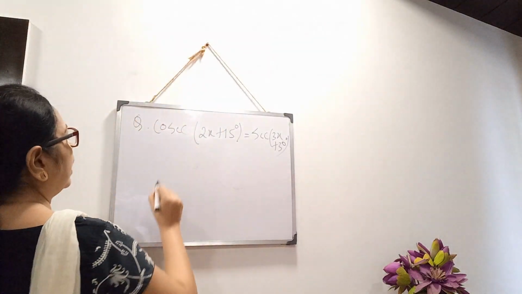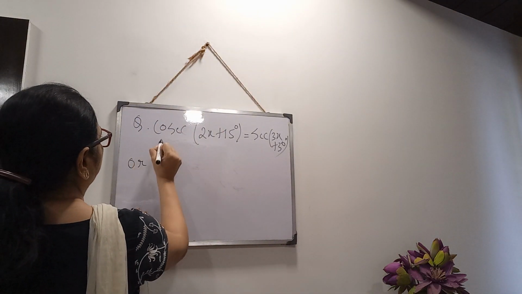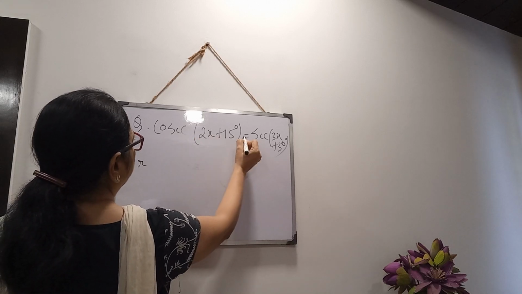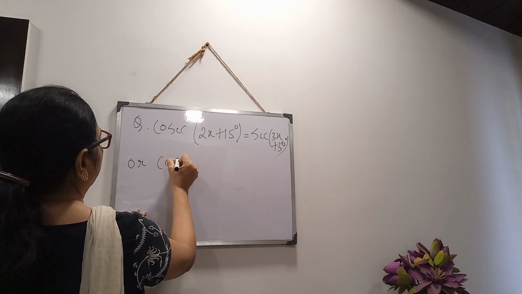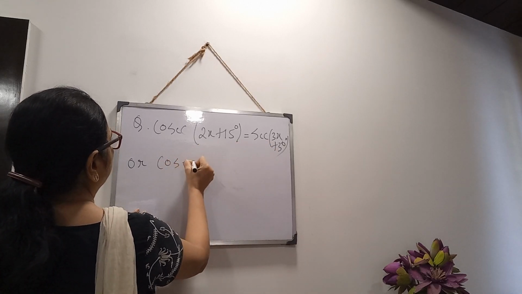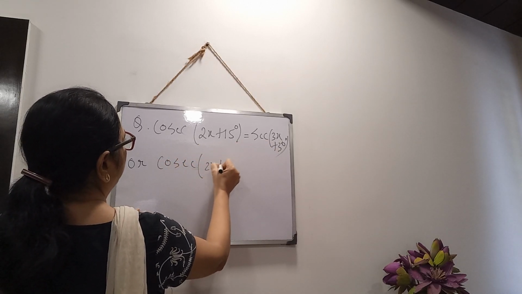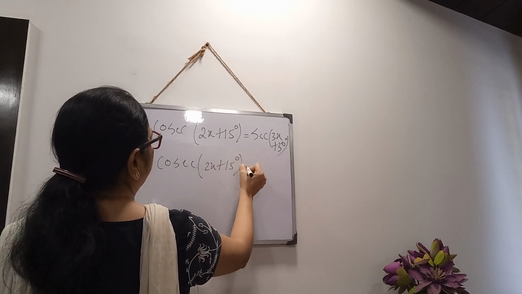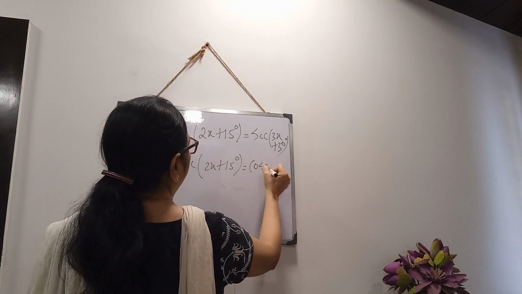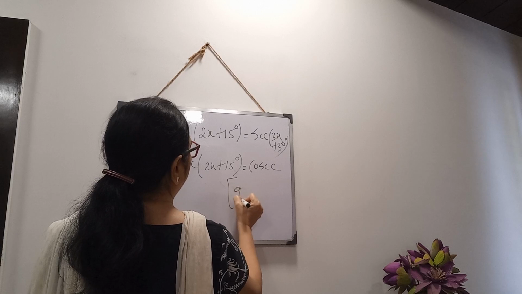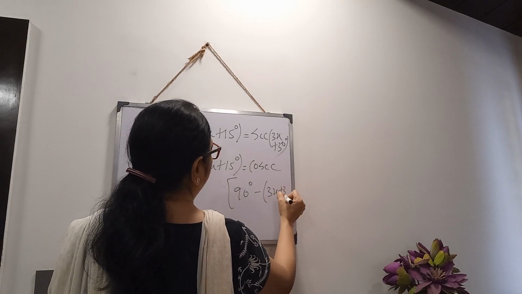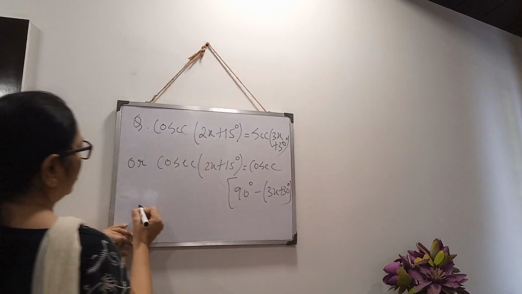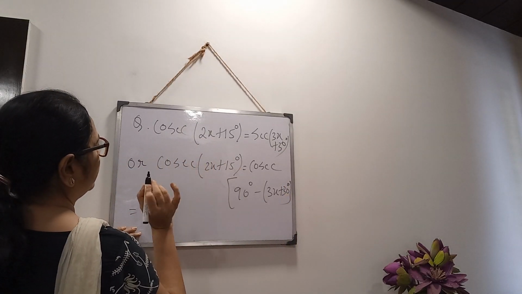I have told in previous sums that when cosec and sec have an equal sign given in between them, these are complementary angles. Clear? So what can we write? Sec theta means cosec of 90 minus theta. Now from both sides cosec cosec we can cancel.